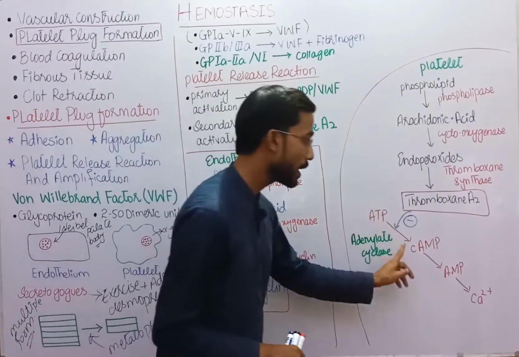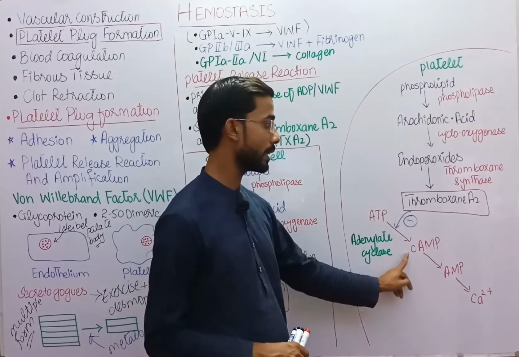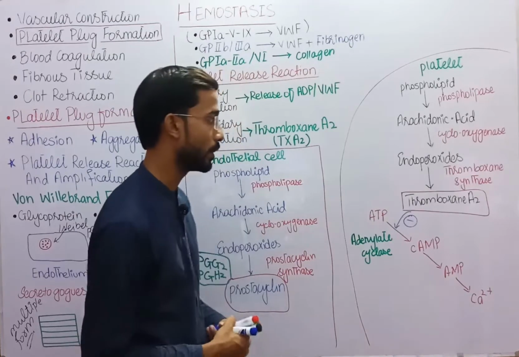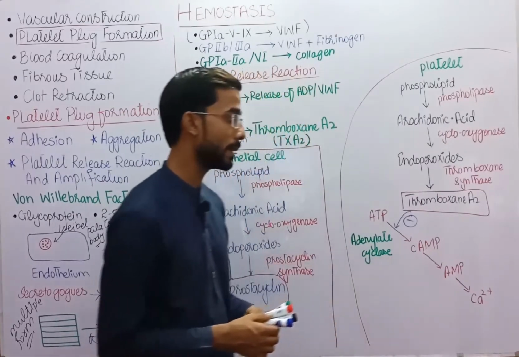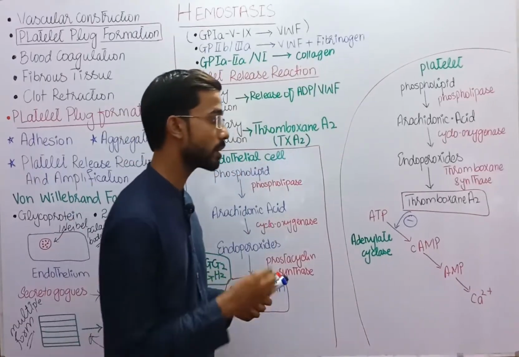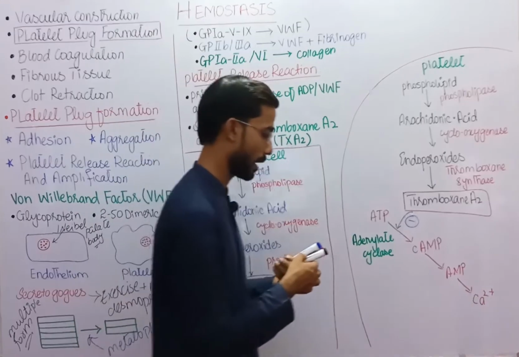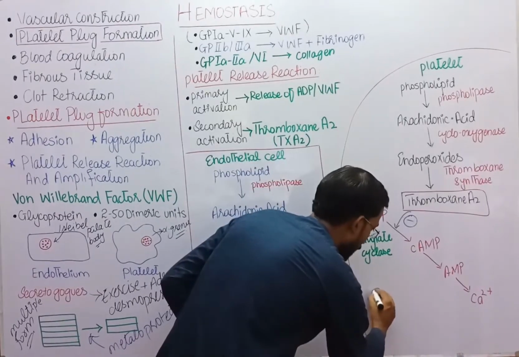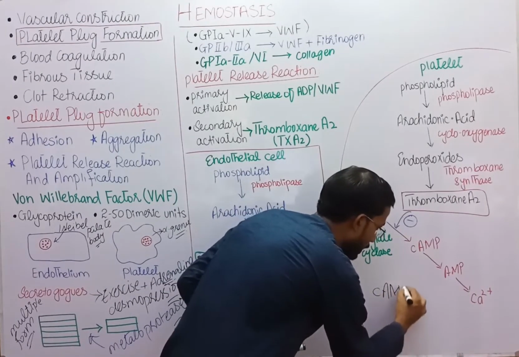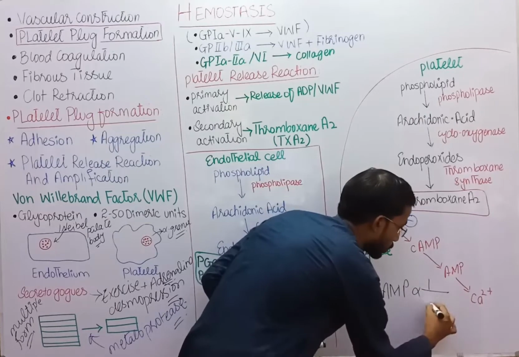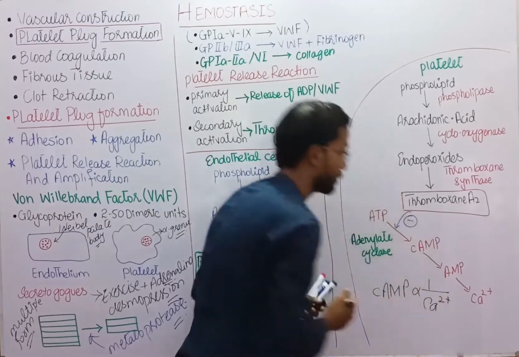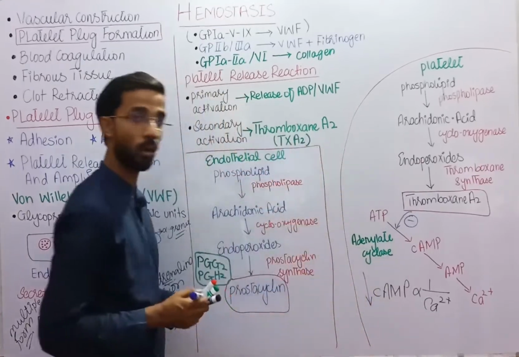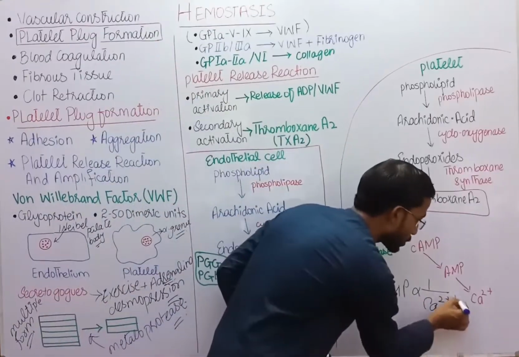It means if cyclic AMP is not present, then it does not convert into the AMP, right? And due to the lack of AMP, right, the calcium concentration is increased, right? You can see cyclic AMP is inversely proportional to the concentration of calcium. If the cyclic AMP is low, then the concentration of calcium is high.